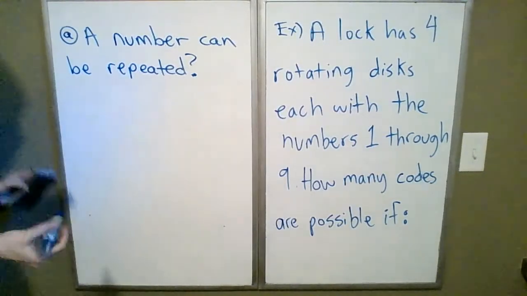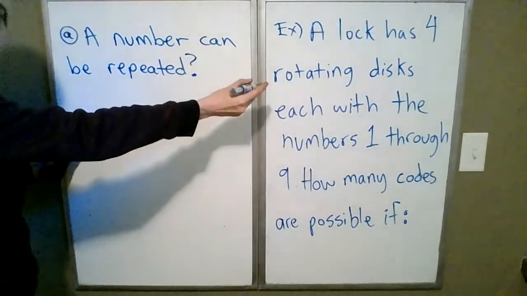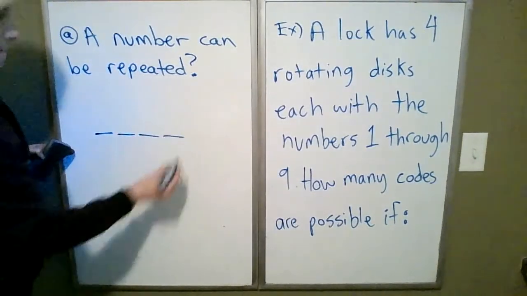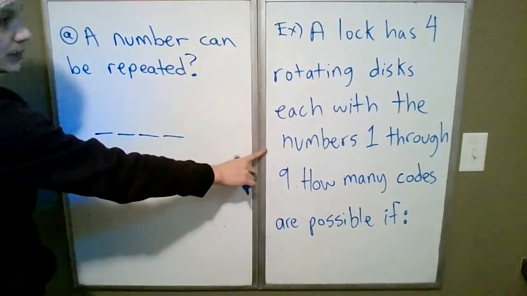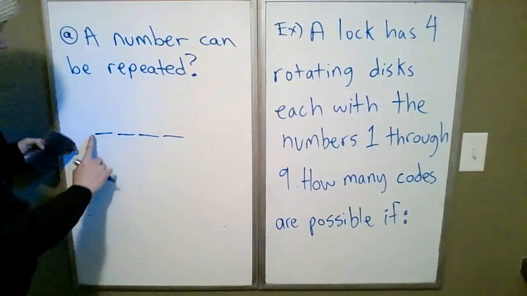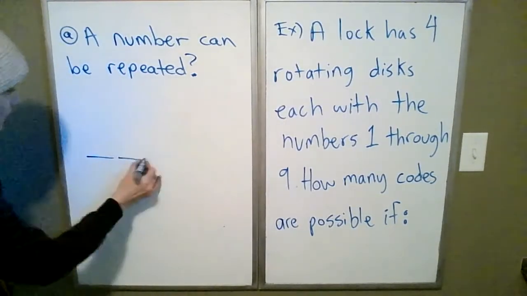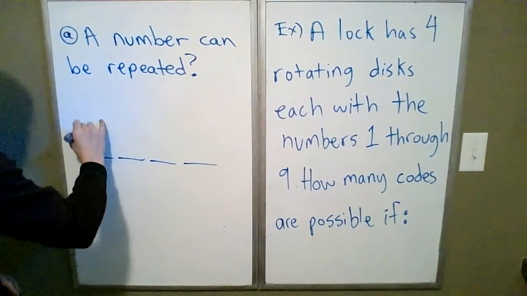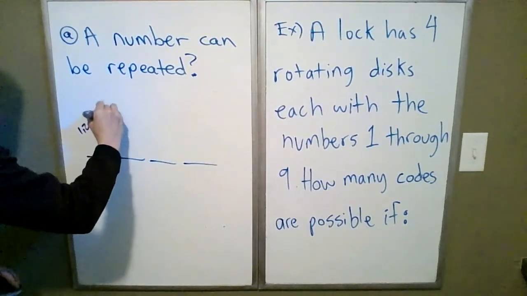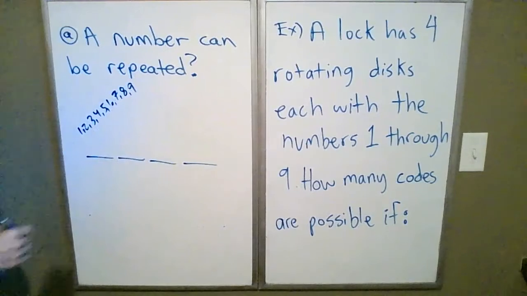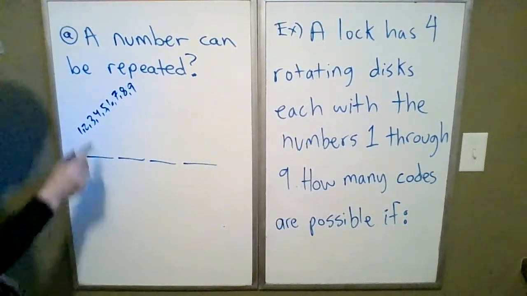So for that rule, we have our spaces, 1 space for each disk. And then they have the numbers 1 through 9. I'm going to move these down. So you can choose 1, 2, 3, 4, 5, 6, 7, 8, and 9. So there's 9 choices.